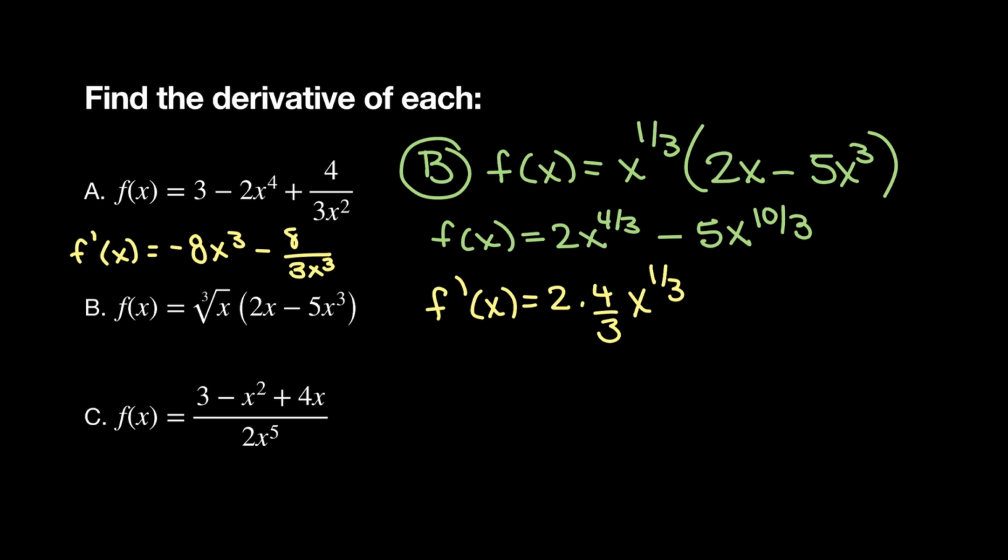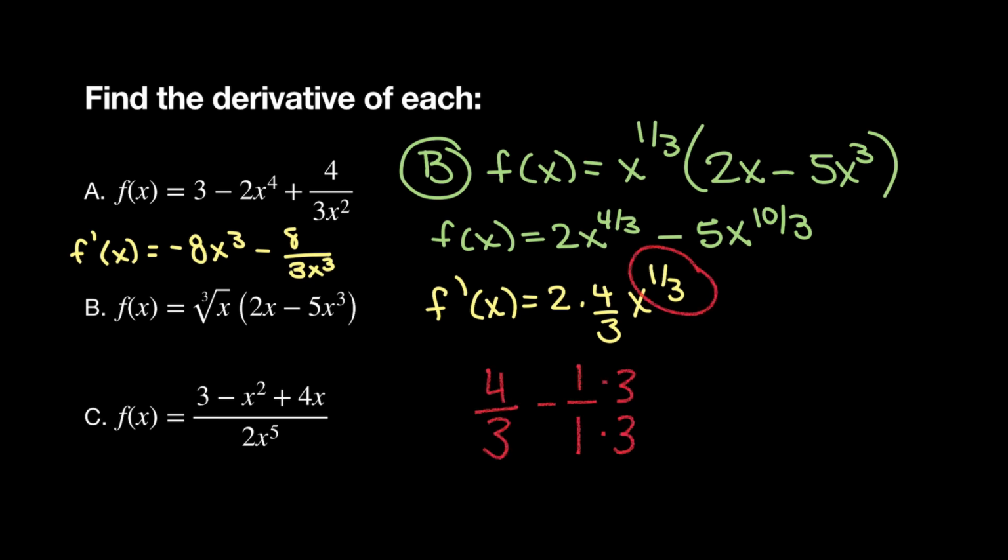And so now I can just take the derivative one piece at a time. So 2x to the 4/3, my derivative is going to be 2 times, I brought down the 4/3, so 4/3 x to the 1/3. And again, the 1/3 is 4/3 minus 1. That's 1/3.